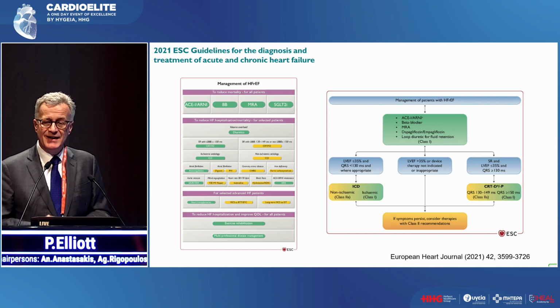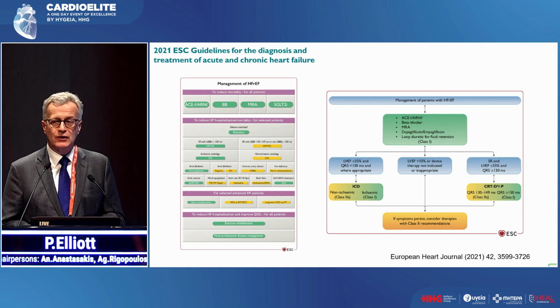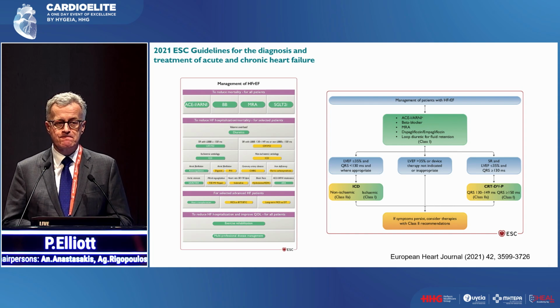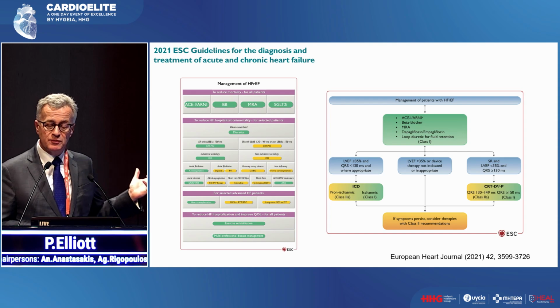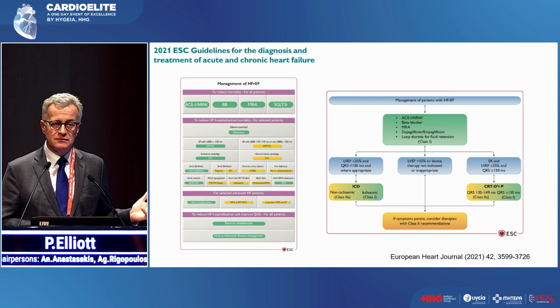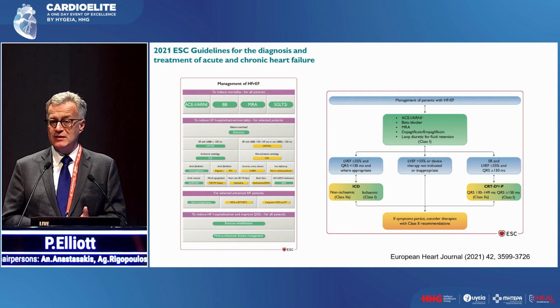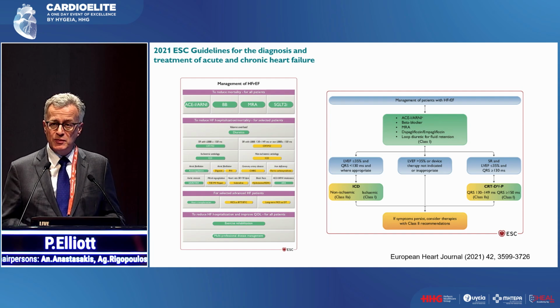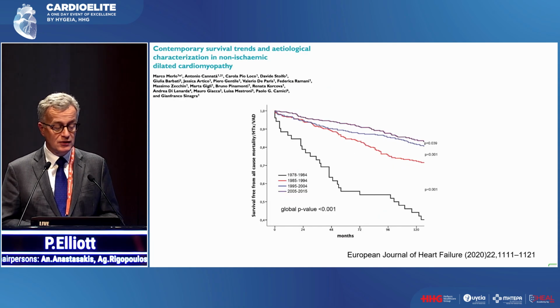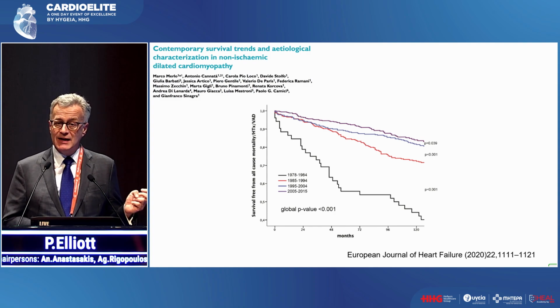So if we think about dilated cardiomyopathy, which is probably the commonest cardiomyopathy, based on trials performed in people with heart failure, whether it be drugs, whether it be devices, whether it be a CRT, these have had impact across the range of people with heart failure with reduced ejection fraction. We see it specifically in dilated cardiomyopathy.